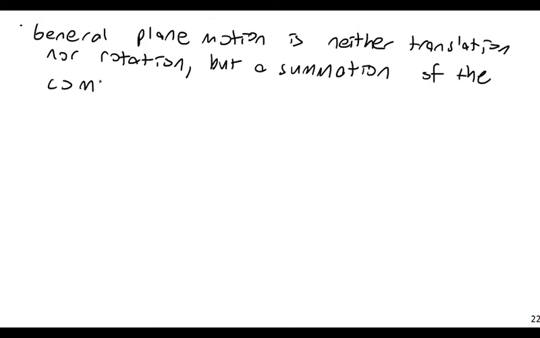Actually, you know what? Let's have some fun. There, that's some nice alliteration going. General plane motion is neither translation nor rotation, but the summation of the combination. Got it? I could say two, but I wanted a little more alliteration in my combinations of summations and translations and rotations.